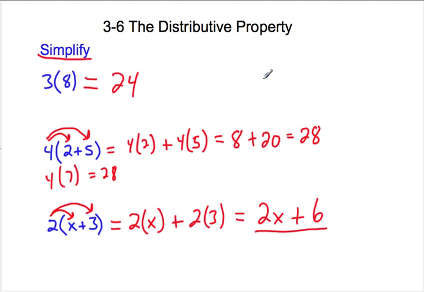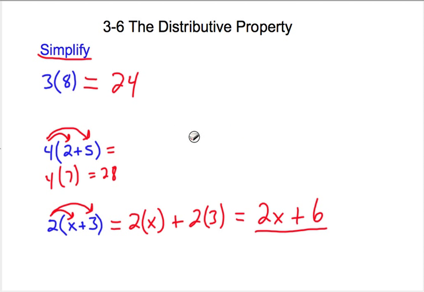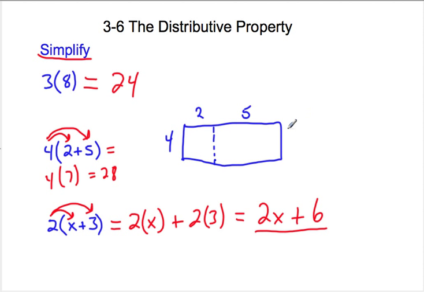One thing that people like to think about when they're doing the distributive property is imagine a rectangle. So imagine a rectangle, and I'll draw one here. If the width of this rectangle was 4, and it was split up into 2 smaller rectangles, one with a length of 2 and one with a length of 5, you could figure out the area of this rectangle in 2 ways.